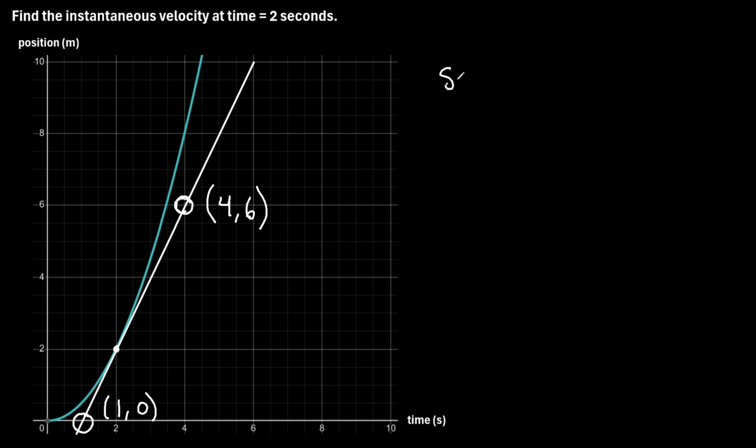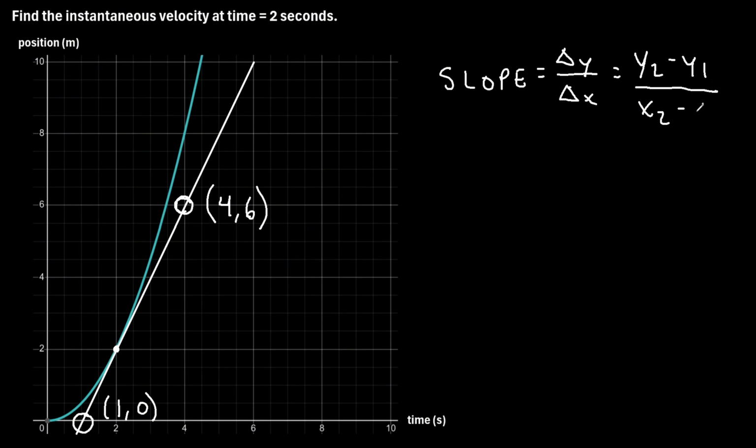So the slope, let's write that down. The slope is just going to be the change in the y values over the change in the x values. In our case, we have 2 xy coordinates, so that's just going to be y2 minus y1, the second y value minus the first y value, divided by x2 minus x1. Let's plug in the values that we have.